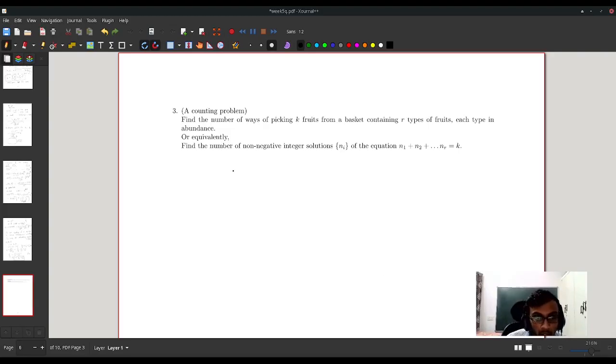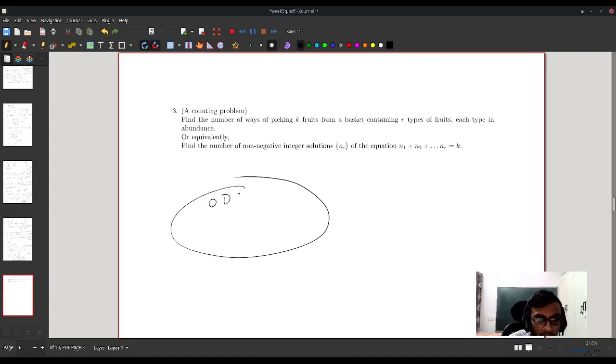So there is a basket of fruits, and there are fruits of different kinds. There are fruits of R types, to be precise, like there are apples. So let's say these are all apples, and these are all oranges, and mangoes, and so on.